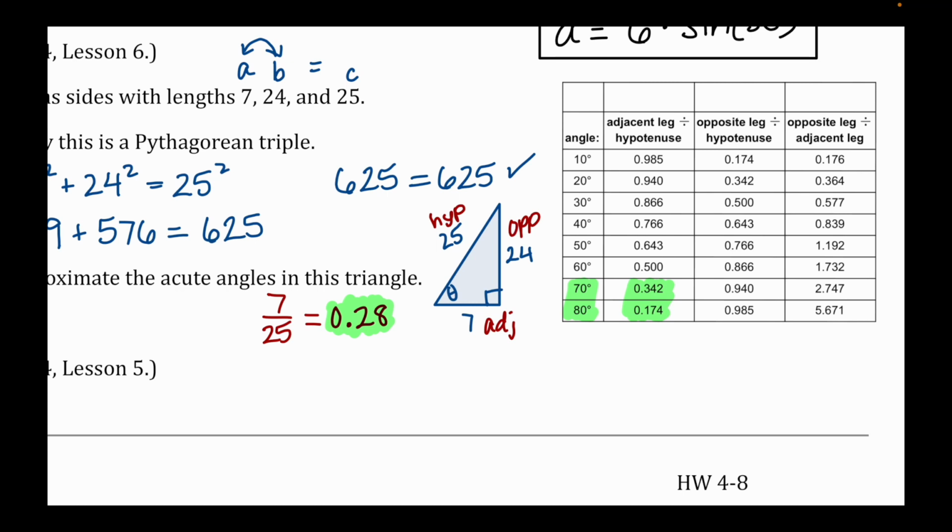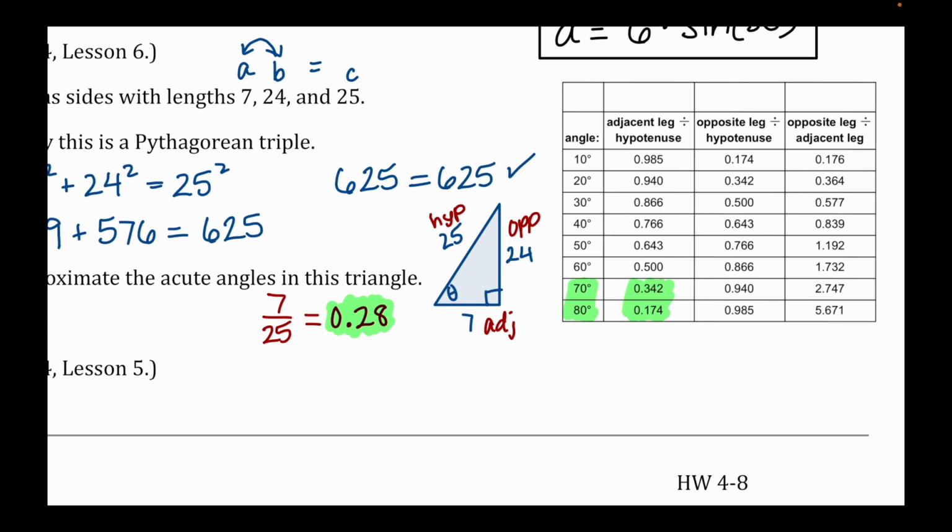So if this is evenly spread, 0.258 would be like 75 degrees. This is a little bigger than that. So you'll notice that if our cosine is bigger, the top one here is bigger, that's the smaller angle. So we're going to do this closer to 70.